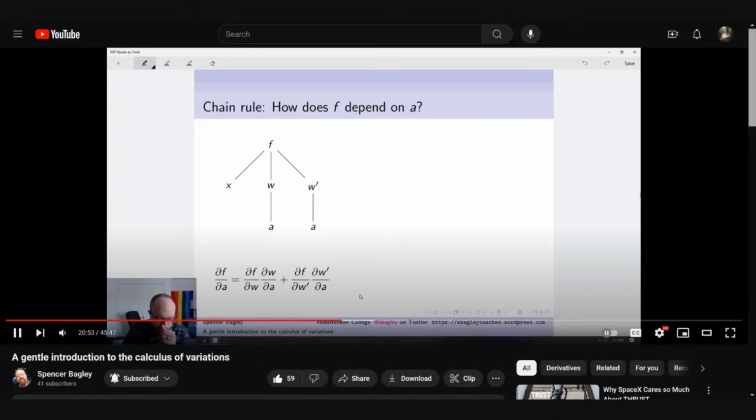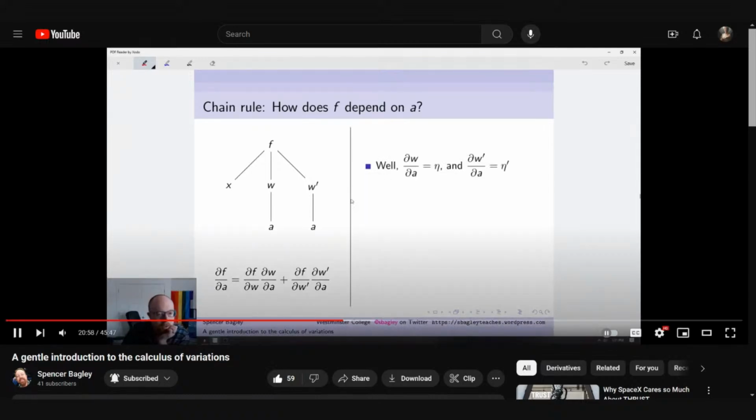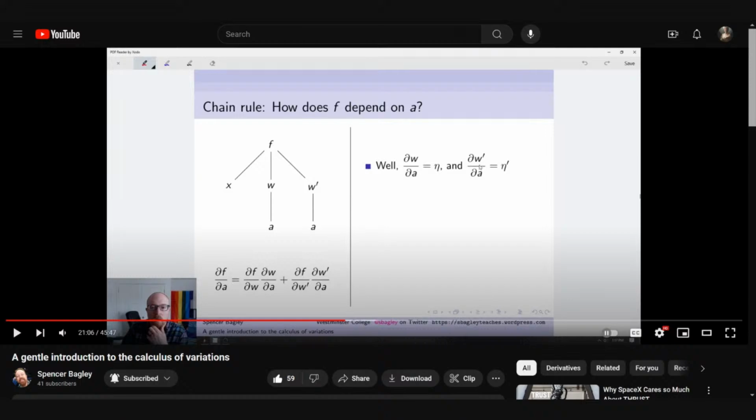All right. And then, well, okay. Since w was y plus a times eta, the partial of w with respect to a is going to be eta. Okay, w is, I'm tired. W is y plus a eta prime, isn't it? I don't remember. Right, not prime.